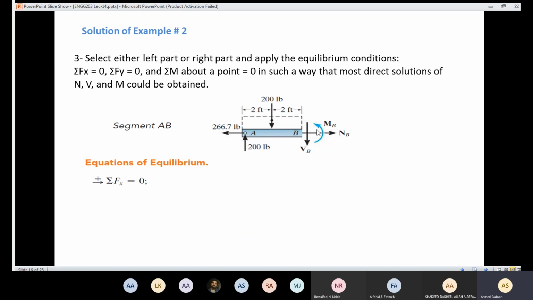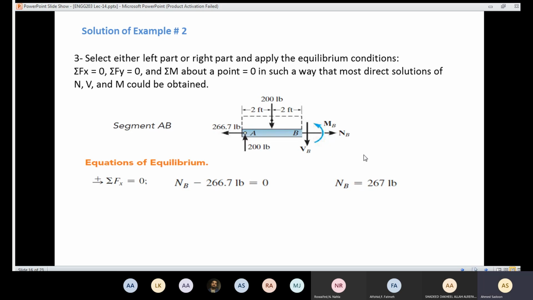We are going to have NB, which is positive according to this, and this force here, 262.7 pound, is going to be negative according to this. The summation should equal 0. Easily I can solve for NB. So NB here came out to be 267 pound.